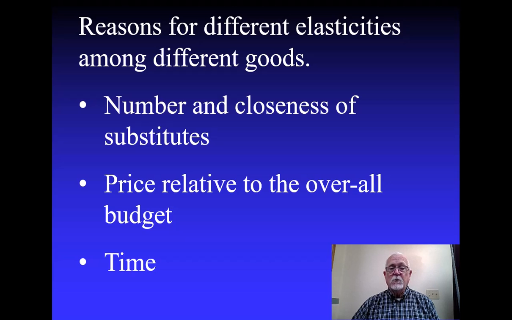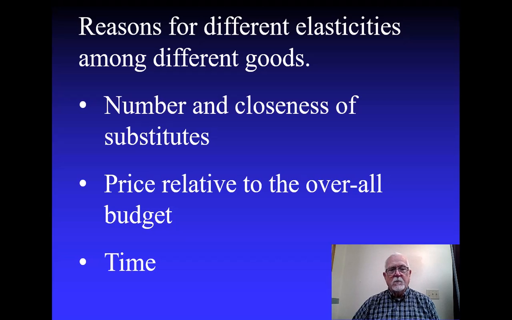And so the larger the price is relative to your overall budget, the more elastic the demand will be for that product. In other words, salt would be very inelastic because price changes are not that big a deal. Automobile prices are more elastic because it's a big budget change when the price goes up by a certain percent.